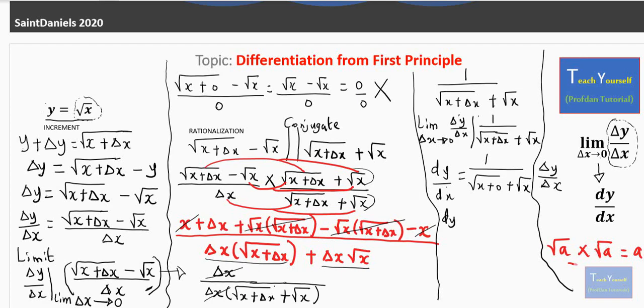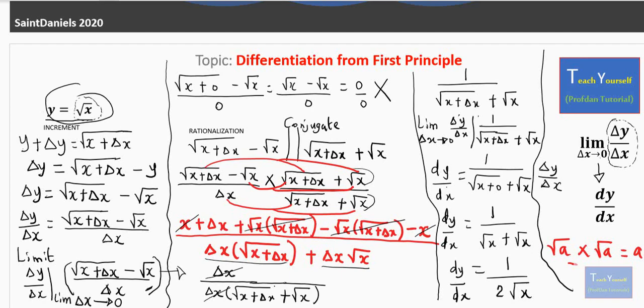So our dy dx will now be 1 divided by root of x, as x plus 0 is x, plus root of x. And that is going to give us 1 divided by root of x plus root of x, which will give us 2 root x. So the differentiation of variable y with respect to x will leave us with 1 over 2 root x, using first principle.